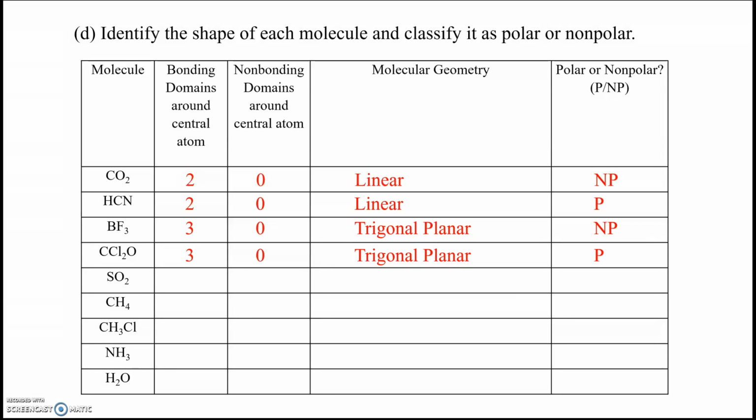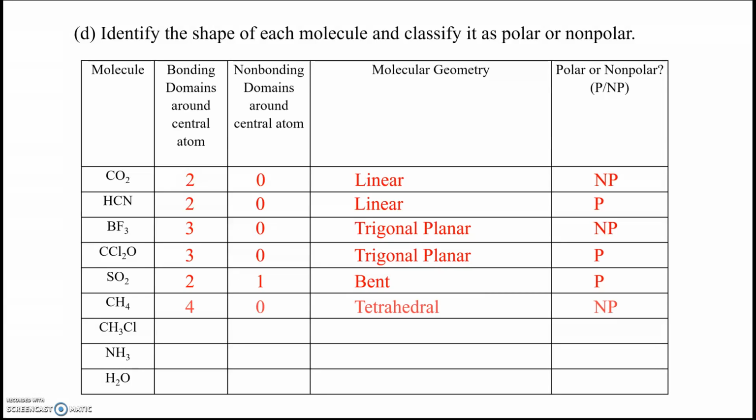Therefore, this is a polar molecule. All right, sulfur dioxide, 2 bonding domains, 1 non-bonding, and this causes it to be bent. And because it's bent, it certainly is going to be polar.